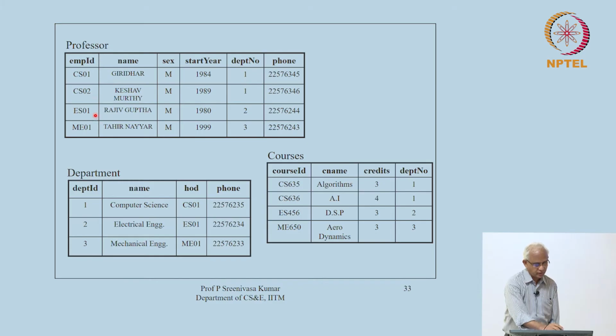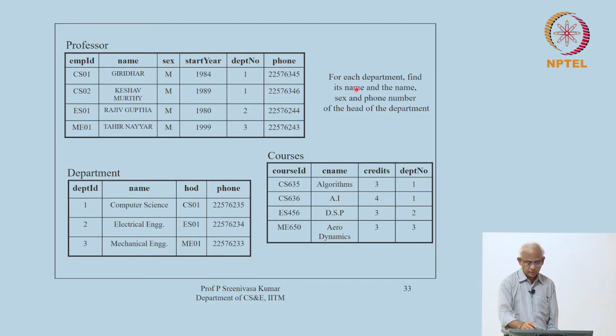Under professor, we have a couple of computer science professors, an electrical engineering professor and a mechanical engineering professor, and so on. And we have computer science, electrical engineering and mechanical engineering departments, and then some courses like algorithms, CI, DSP, and aerodynamics, and all that. Okay. So, some data is there. We will just use this data in order to illustrate a couple of queries. So, now let us consider this.